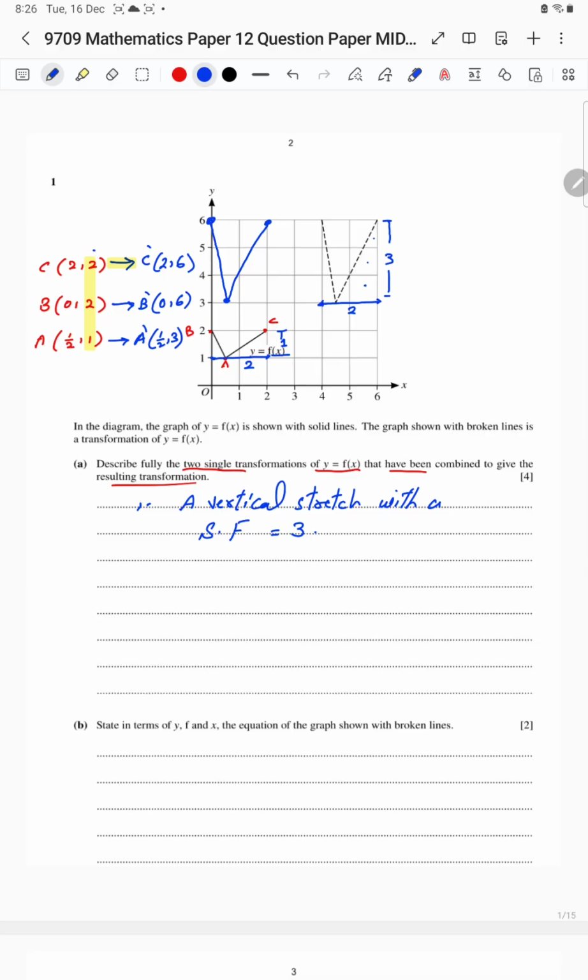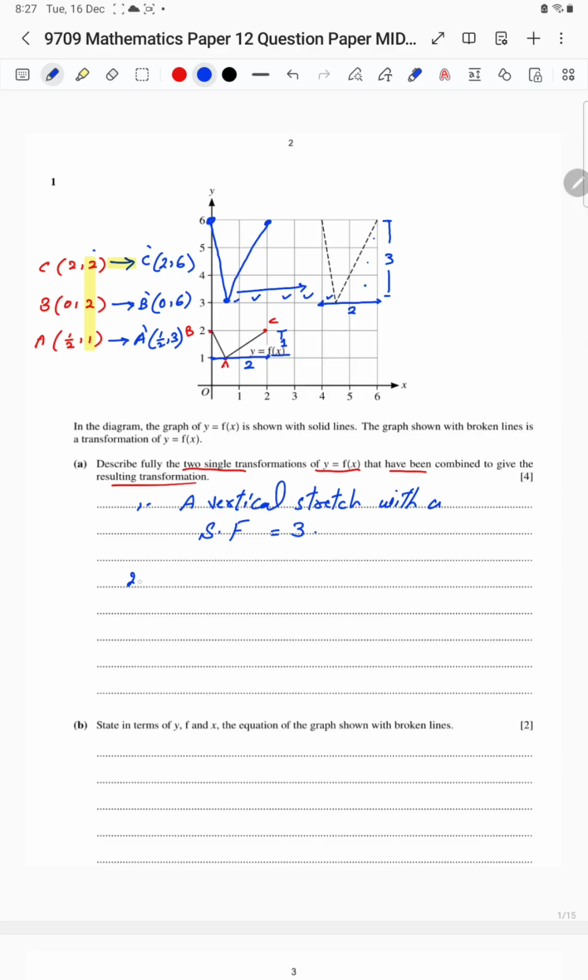So roughly sketched, this becomes this one. It means this has been vertically stretched with a stretch factor of 3. But the original one is lying here. So what to do? Now you need to translate this towards the right, and how many units? Say it's 1, 2, 3, and this half and this half make 4.